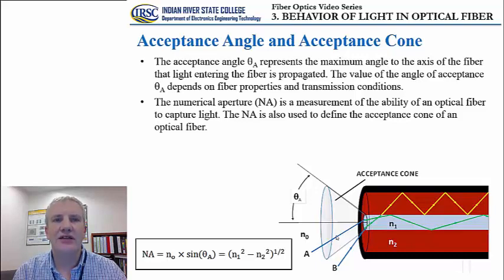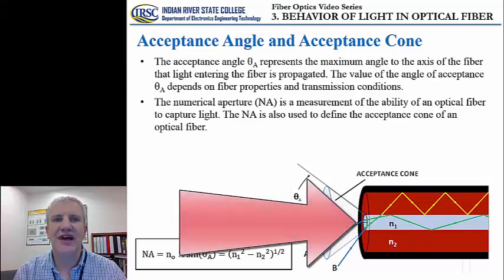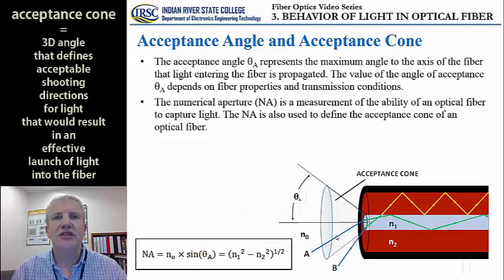How effectively the light is launched into the fiber depends on the angles or directions from which we shoot the light into the fiber. We define a cone, the so-called acceptance cone, shown on this slide, that basically determines the acceptable shooting direction that would result in an effective launch of the light energy into the fiber.